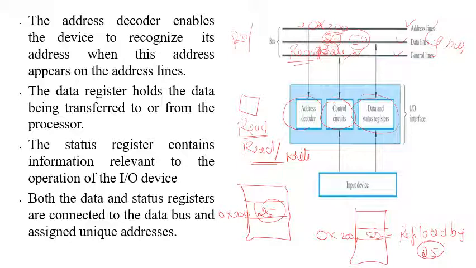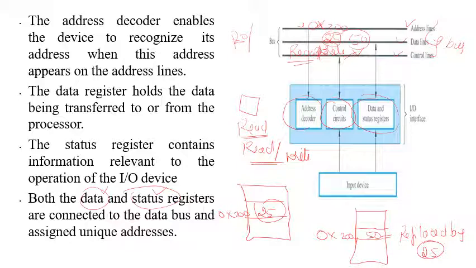Both the data and status registers are connected to the data bus and assigned a unique address. We have two different registers, the data register and the status register, that we discussed earlier, that is S in, S out, as well as data in and data out. We have discussed these in detail in the previous video lectures.